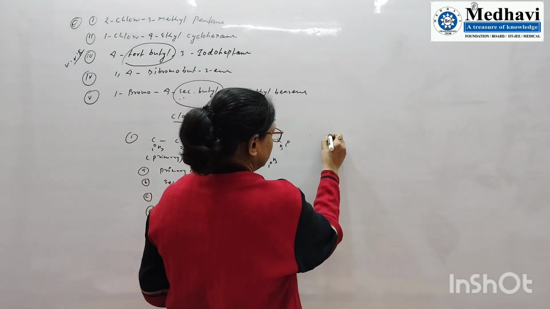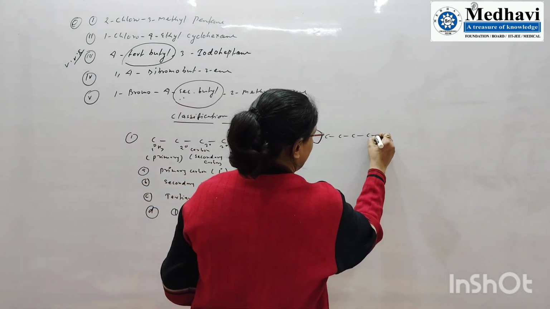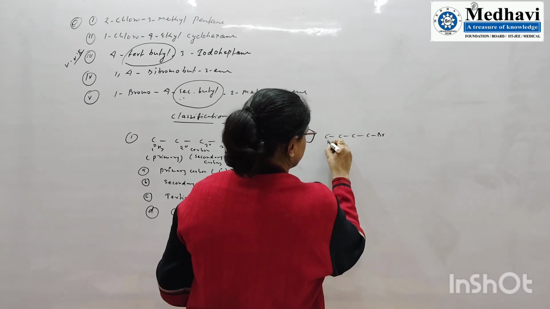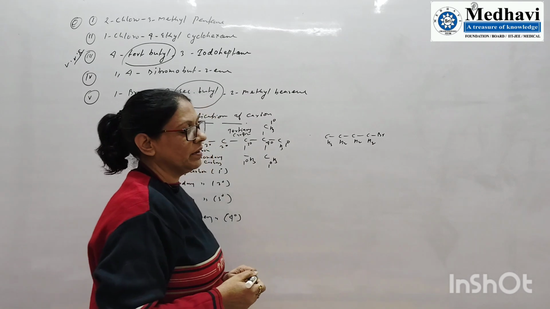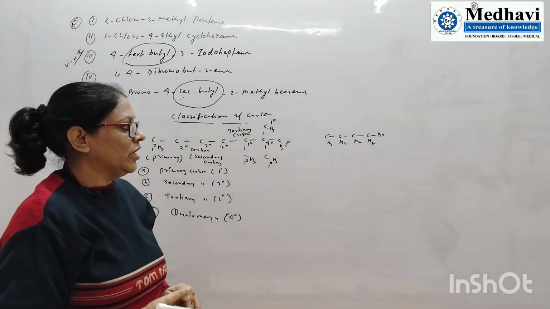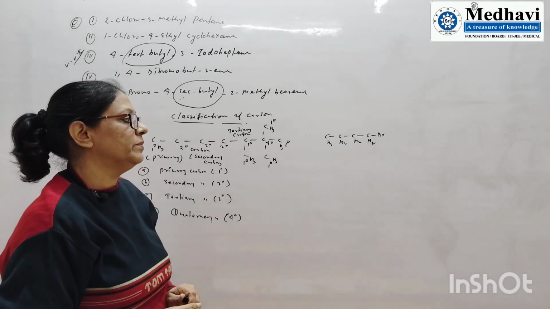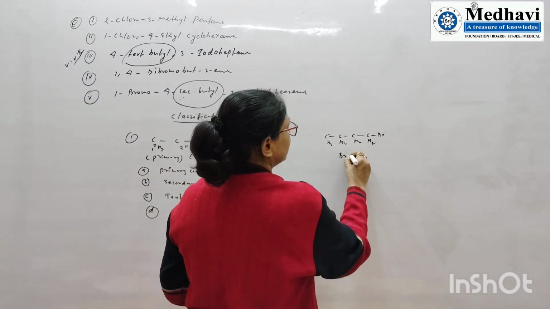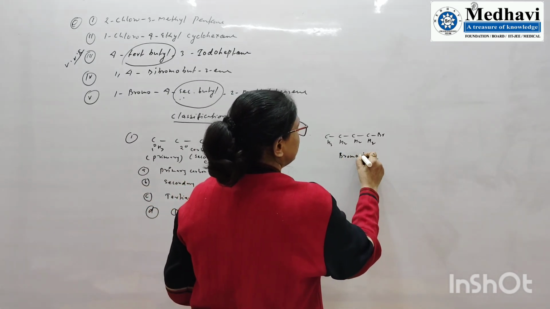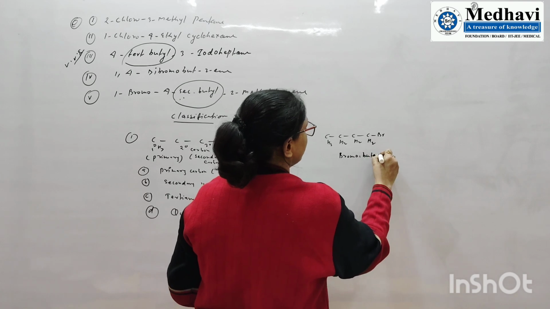Second information, suppose this is the compound. Normally in IUPAC terms we can say 1-bromobutane, or simply bromobutane, because the 1 position is not going to be mentioned.